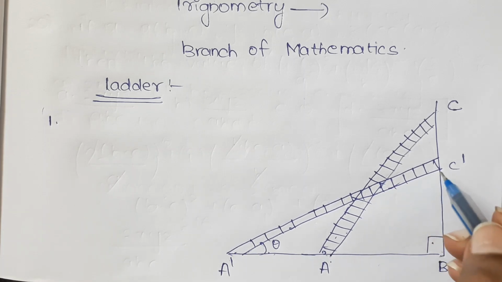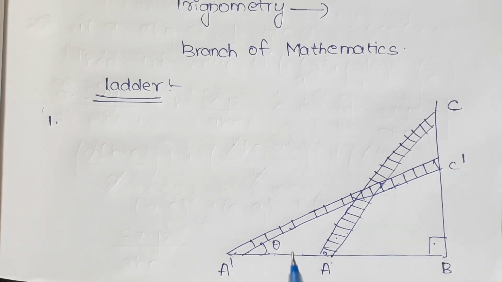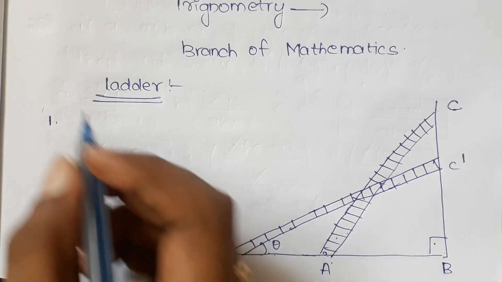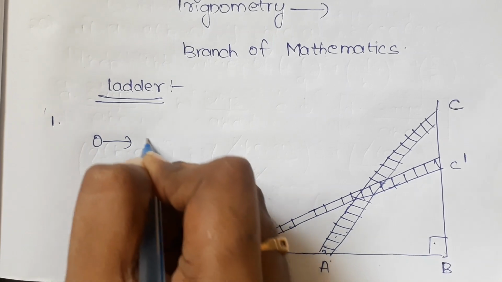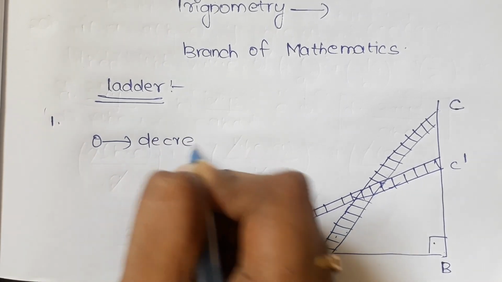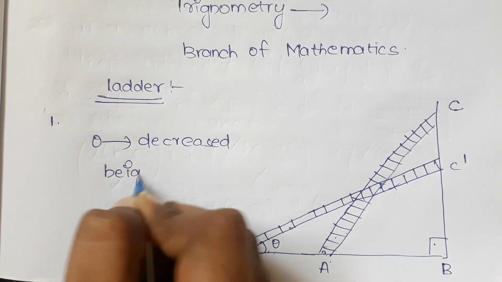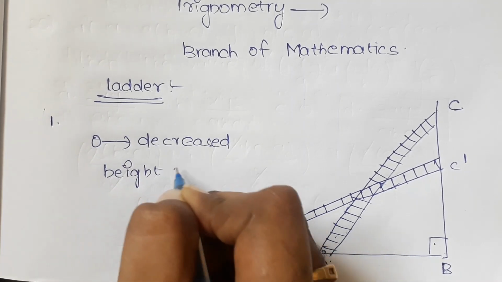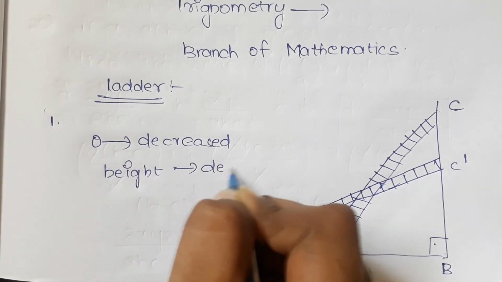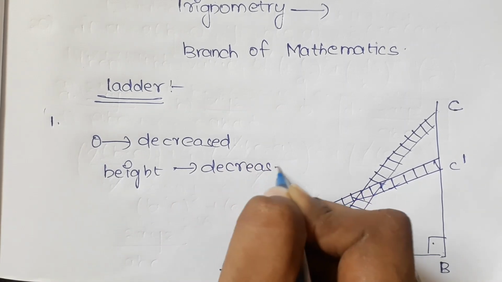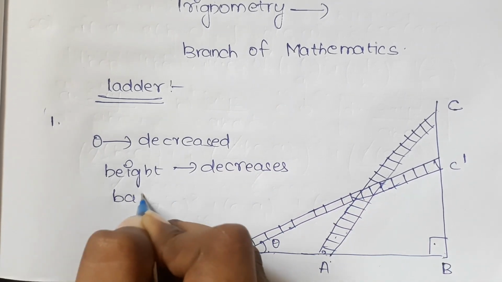So when theta is increased, the height also increases and the base decreases, and similarly when theta decreases, the height also decreases and the base increases.